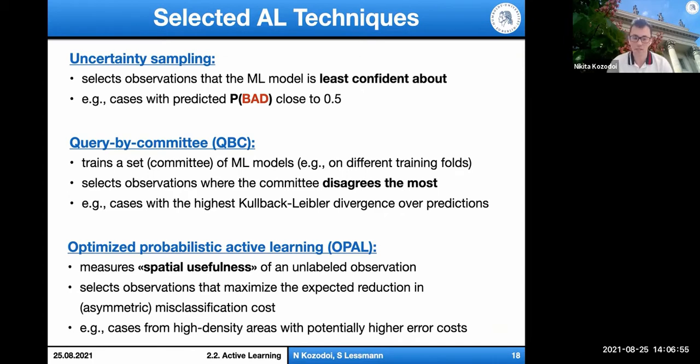And this misclassification cost can be asymmetric, which is crucial for domains like credit scoring, because we have different error costs from rejecting a good customer and accepting a bad customer, and a possibility to account for that is also important to make sure that we are looking for the potential observations in the areas of the distribution where we might have higher error costs. Right. So this is the set of techniques that we look at here.